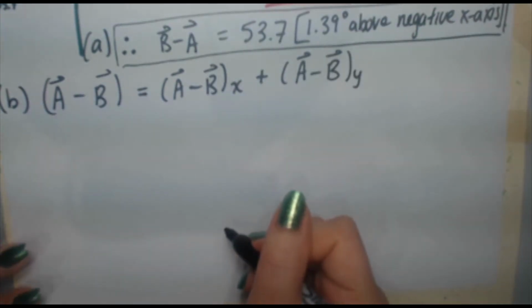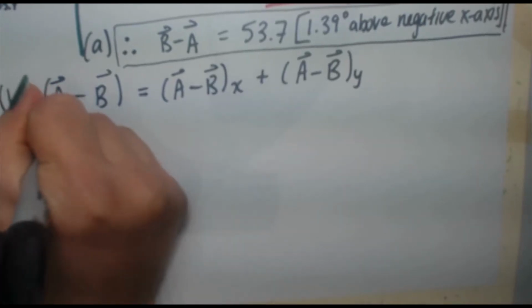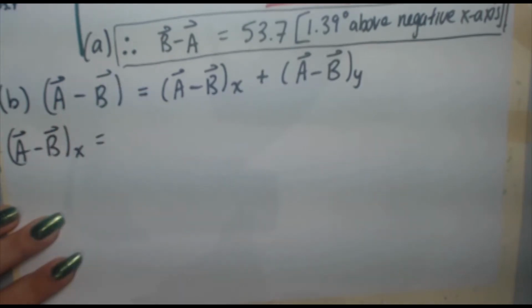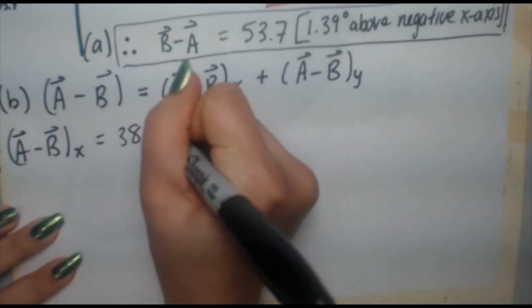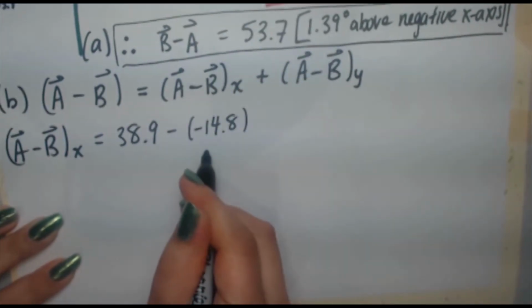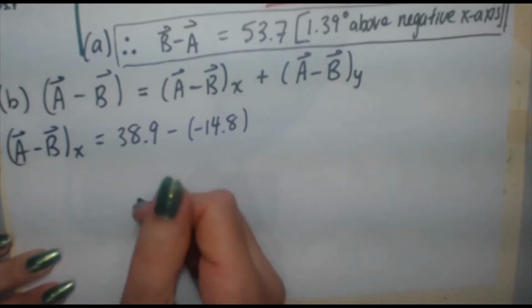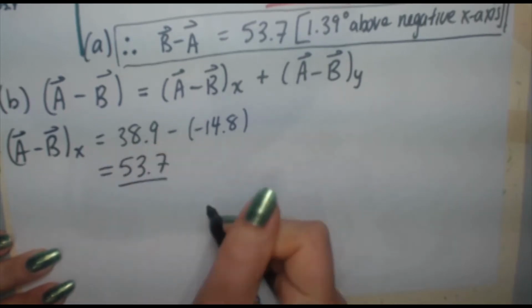Let's go ahead and calculate the x part first. A minus B x is equal to 38.9 minus negative 14.8. Be careful with your signs there. When you subtract a negative, you're essentially adding the second number. When you do that, you get 53.7.